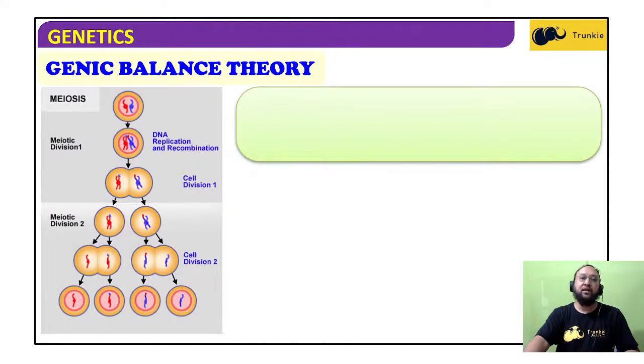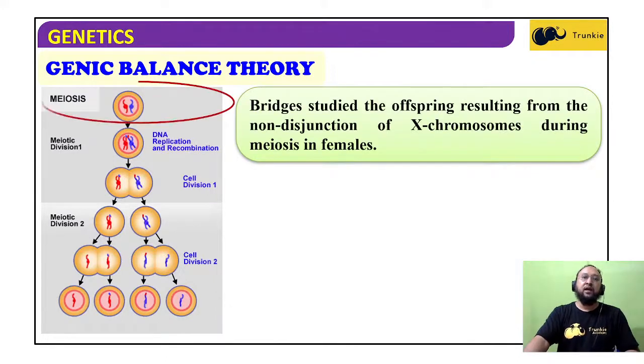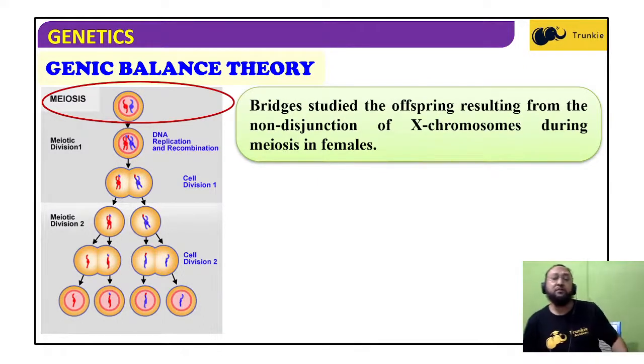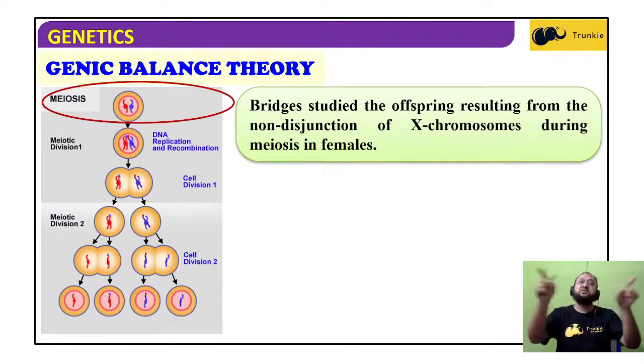C.B. Bridges studied the offspring resulting from the non-disjunction of the X chromosome during meiosis in females. Non-disjunction is a phenomenon where, during meiosis, the chromosomes are not separated.